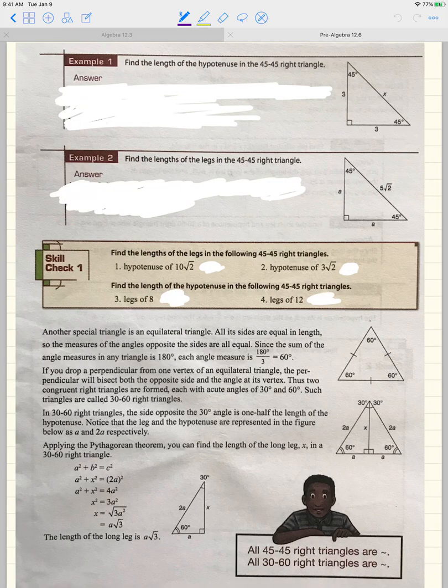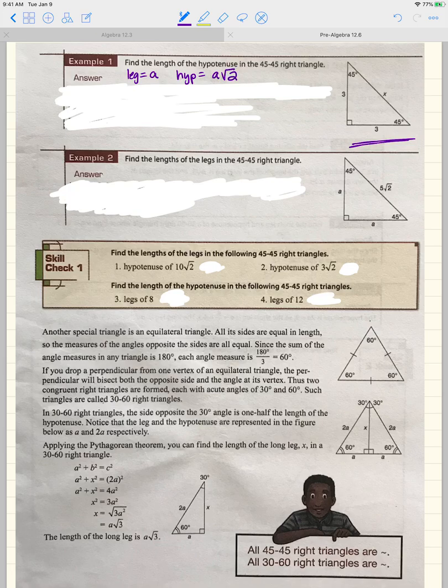So example number 1 says find the length of the hypotenuse in the 45-45 right triangle. So here we have a 45-45 right triangle. The lengths of the legs are 3, okay, 3 and 3. And because we were told that in every 45-45 right triangle or isosceles right triangle, the legs are A and the hypotenuse is A square root of 2.